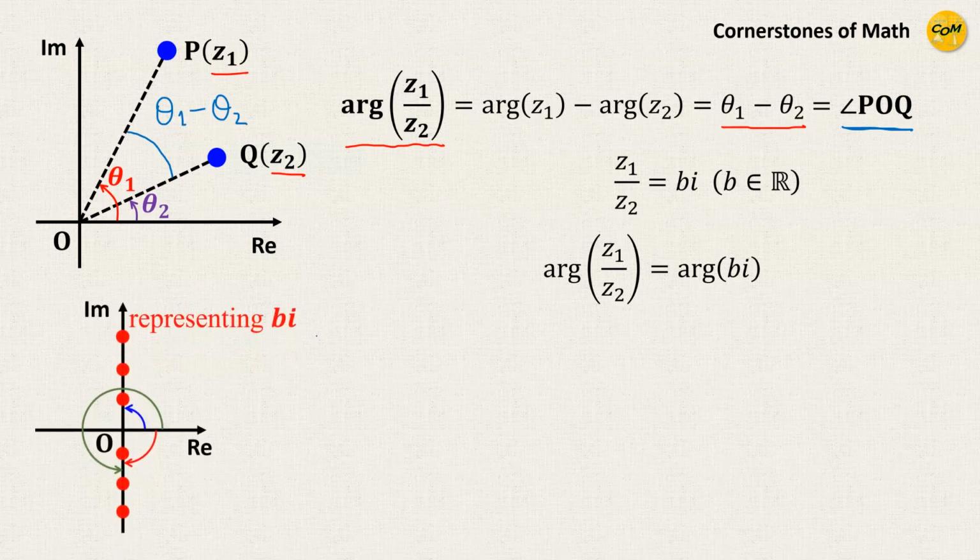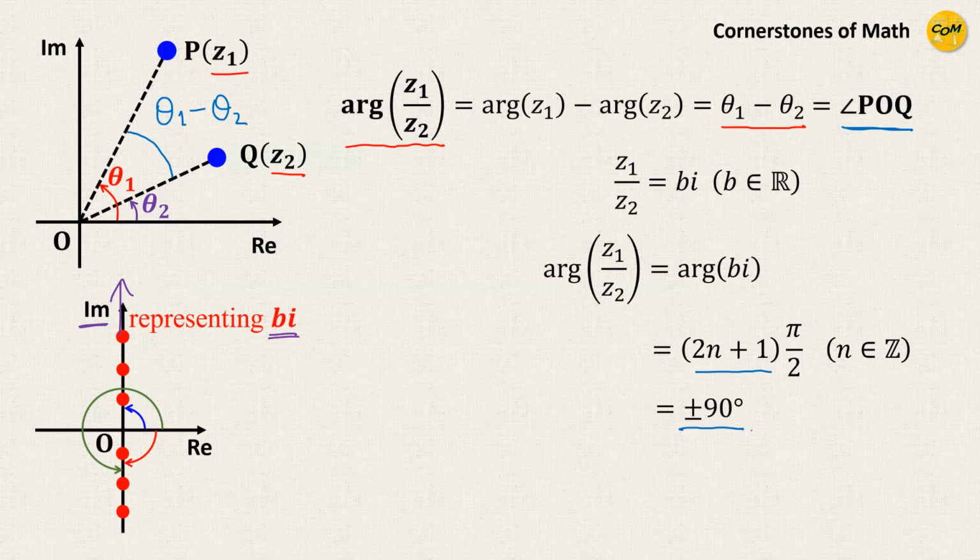But on the complex plane, points corresponding to imaginary numbers bi can exist only on the vertical axis, the imaginary axis. This means that the argument of bi can be only odd number multiples of pi over 2, or plus or minus 90 degrees if you want to confine the argument between negative 180 degrees and positive 180 degrees.